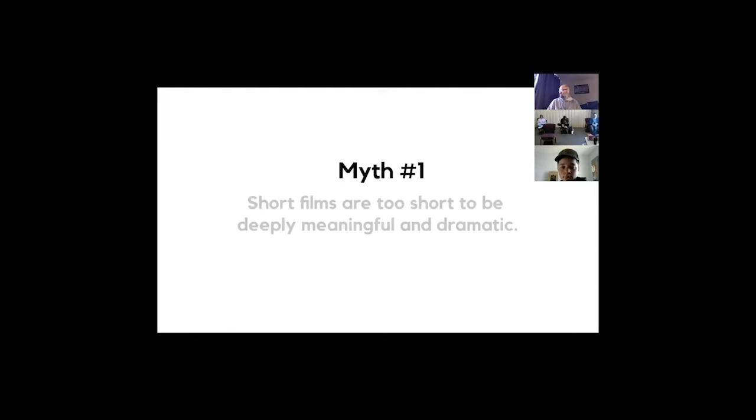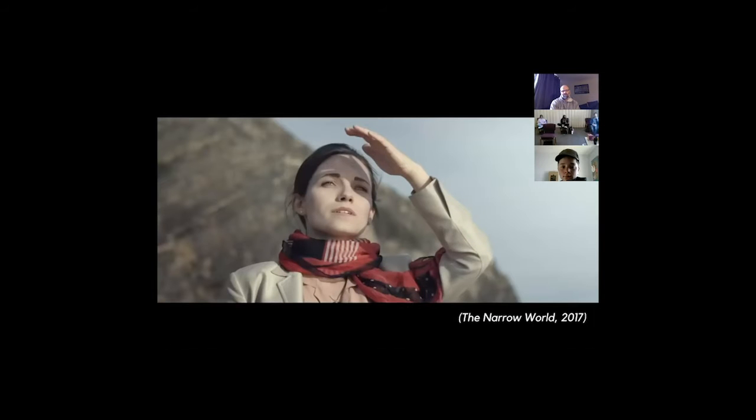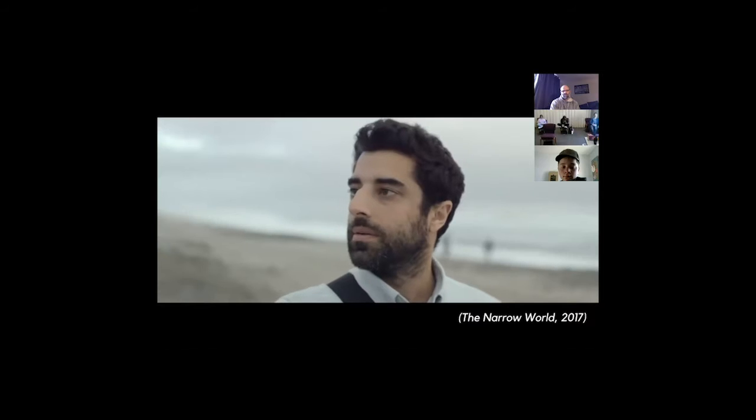First off, I want to debunk a few myths surrounding writing short films. Myth 1. Short films are too short to be deeply meaningful and dramatic. This is completely wrong. Short films can absolutely be meaningful and dramatic if you focus on building them on fundamental story elements. Myth 2. There isn't enough time to set up the story.